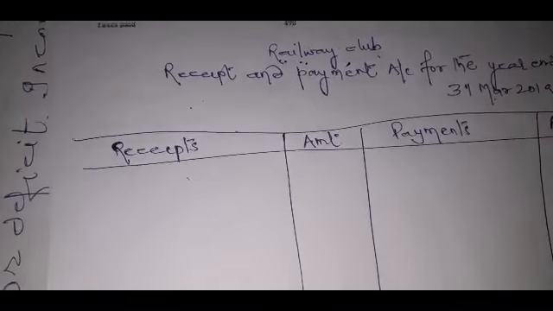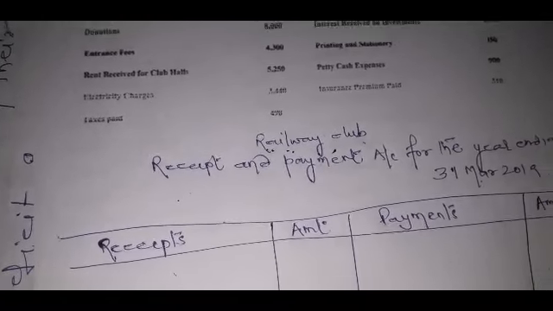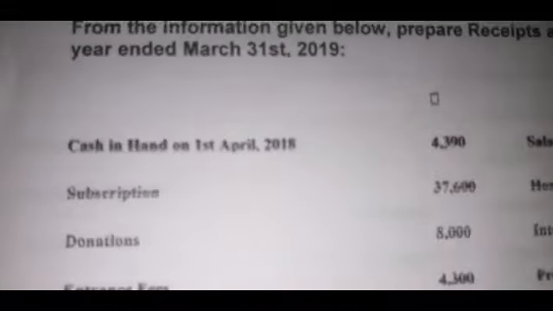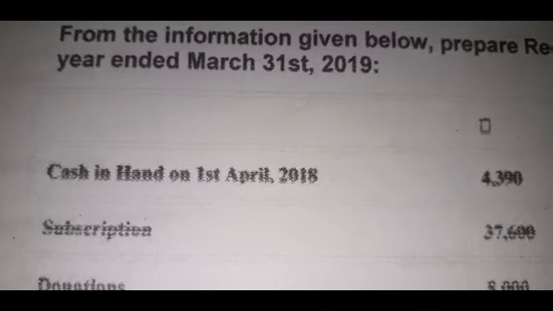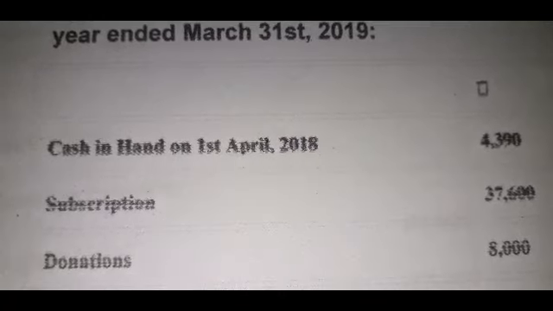The receipt and payment account always starts with the cash balance or bank balance in hand at the beginning of the year. According to the question, we have an opening cash balance of 4,390 rupees.